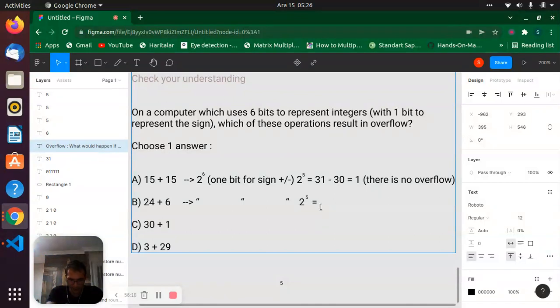It will be 31 minus, what will this be, 24 plus 6 is 30 again. It's again 1, and there is no overflow, so it is the same information again.